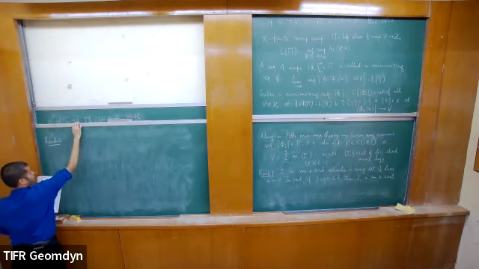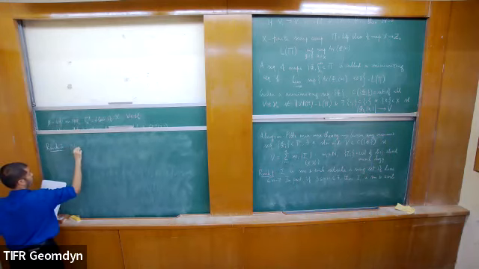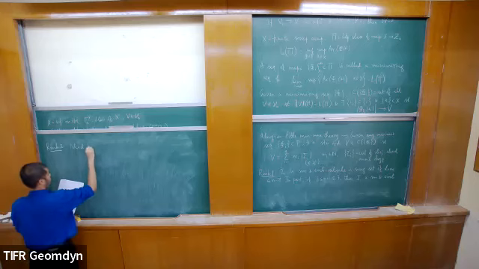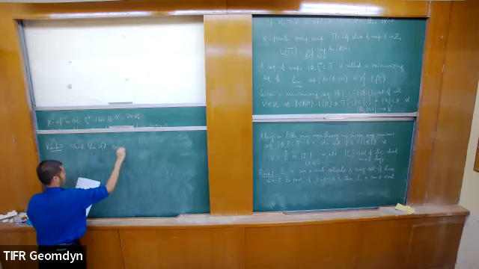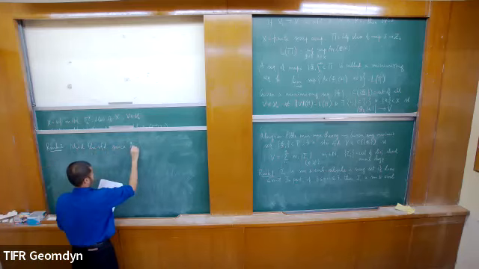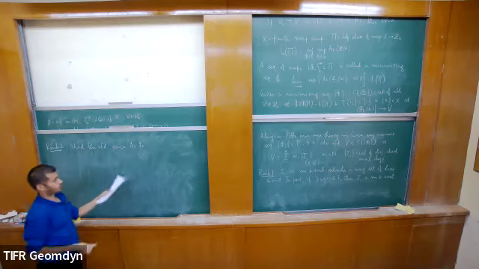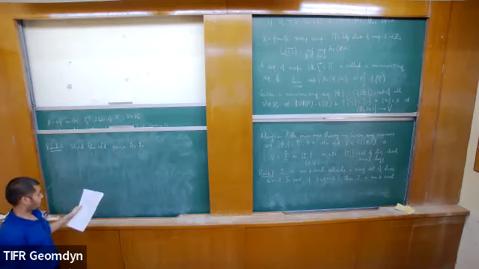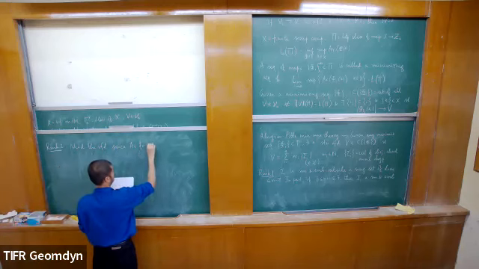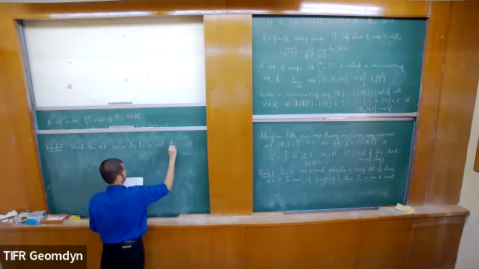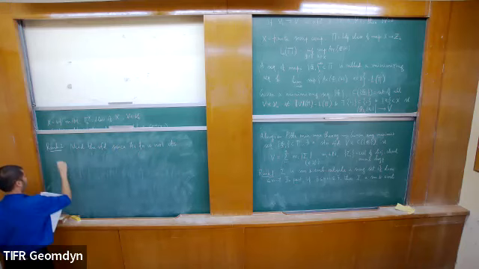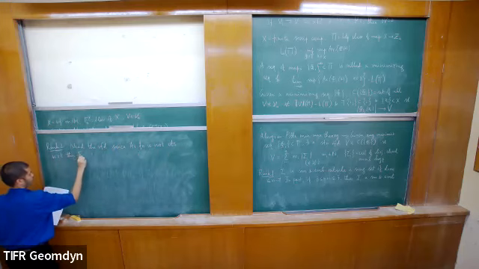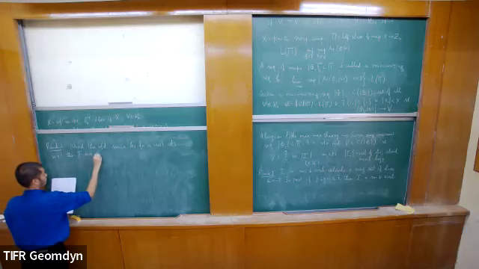We had this area functional defined on the space of closed hypersurfaces, but this area functional is not continuous with respect to the flat topology, the flat metric on the space Zn.